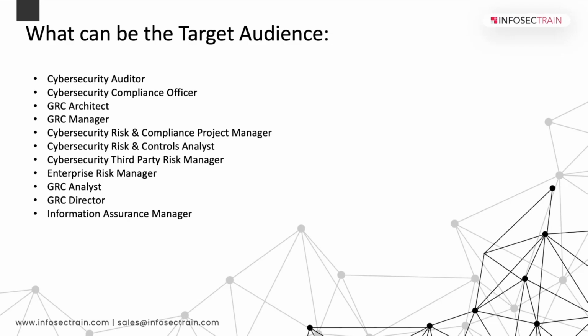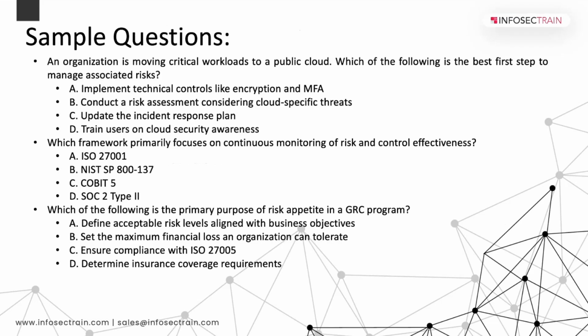Okay, now we have some sample questions, so try to solve this, team. An organization is moving critical workloads to a public cloud. Which of the following is the best first step to manage associated risk?